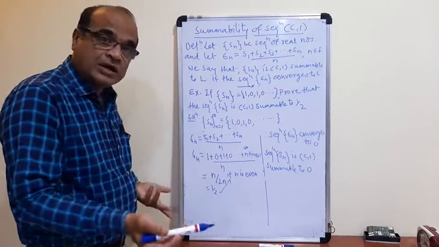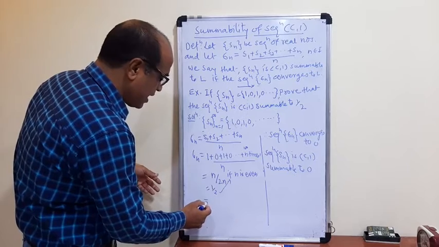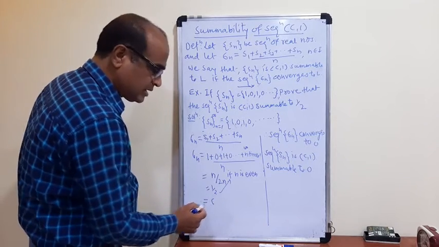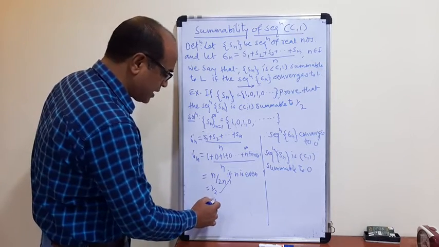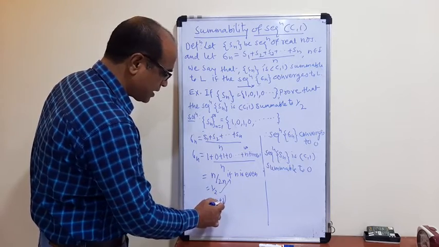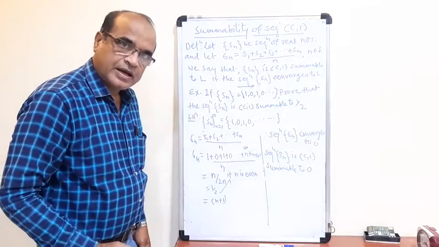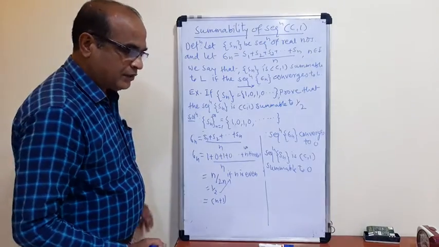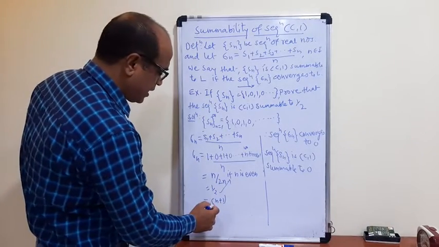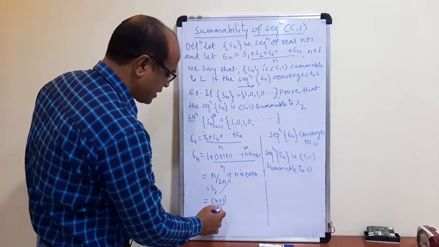If n is odd, then the number of ones is n plus 1 over 2, so sigma n is n plus 1 divided by 2n.